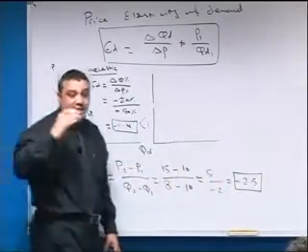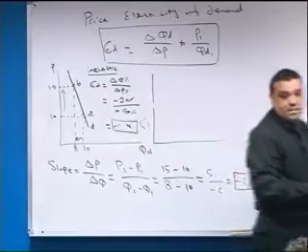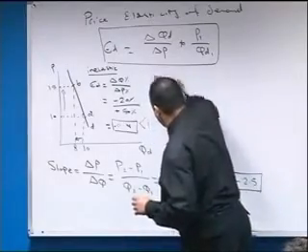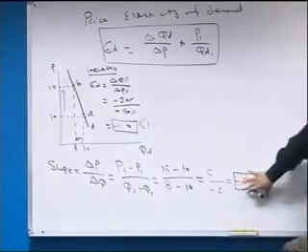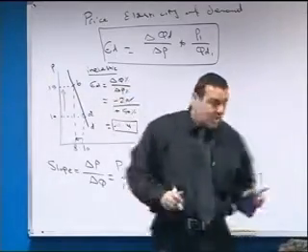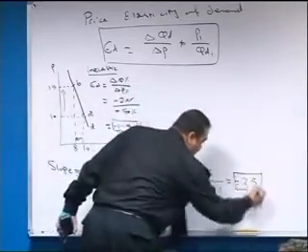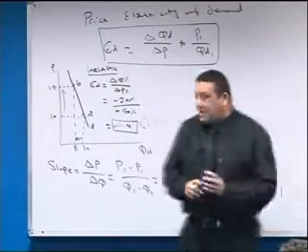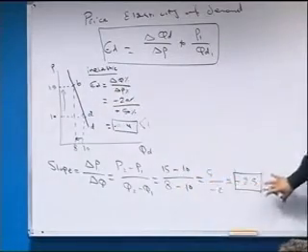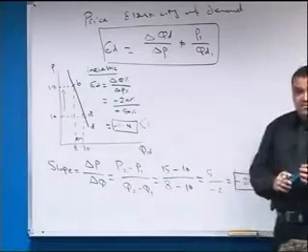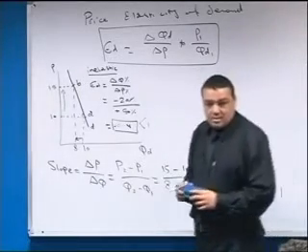The slope is larger than 1. So as you see, when the slope is high, the demand is inelastic. The absolute value of the slope is larger than 1, so when the slope is larger than 1, the demand is inelastic. This is the first case, right?